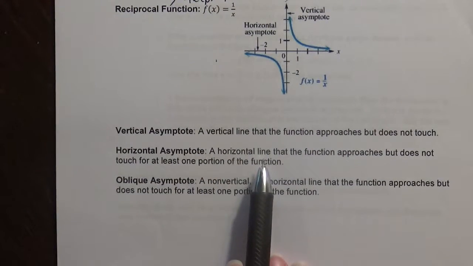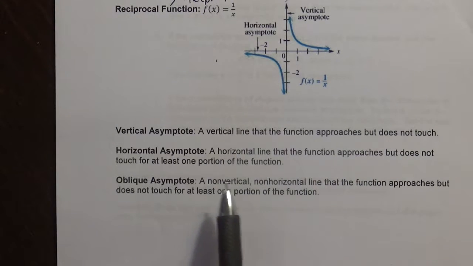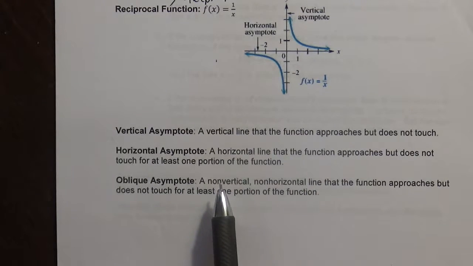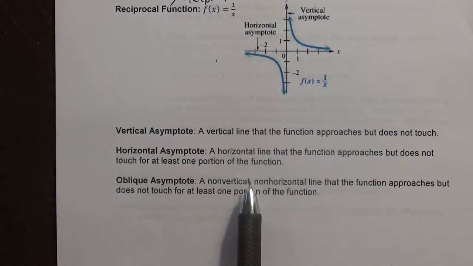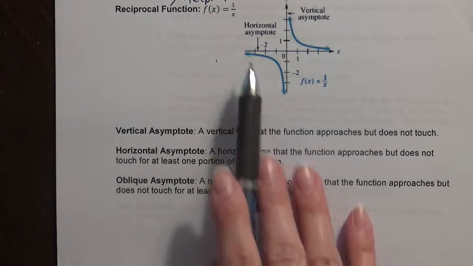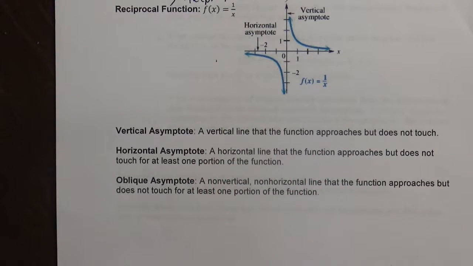That's a vertical line that the function approaches but does not touch. Horizontal asymptote is a horizontal line that the function approaches but does not touch for at least one portion of the function. What this is saying is that it is possible that the graph might actually touch the horizontal asymptote. However, the horizontal asymptote still serves as a boundary for part of your graph that it cannot touch or cross.